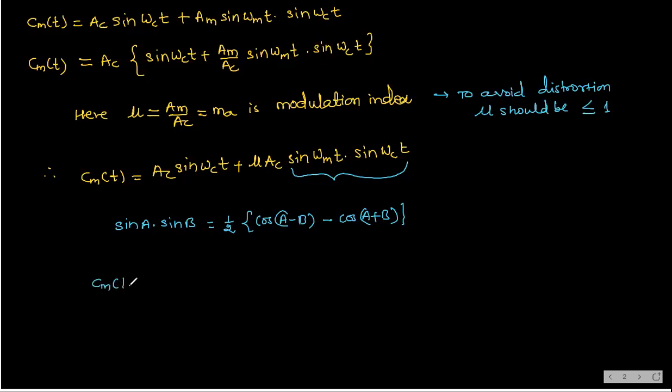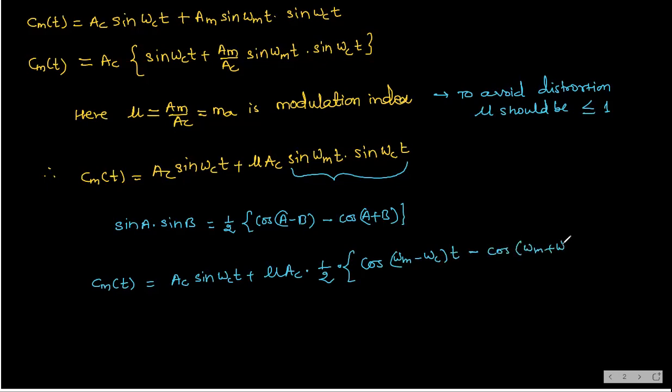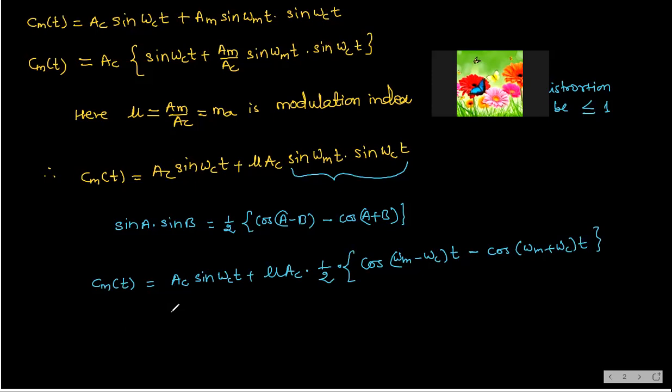So I am getting Cm of t is equal to AC sin omega c t plus mu AC into 1 by 2 into bracket cos of omega m minus omega c into t minus cos of omega m plus omega c into t. Yes, no? Clear? Yes? Understand?